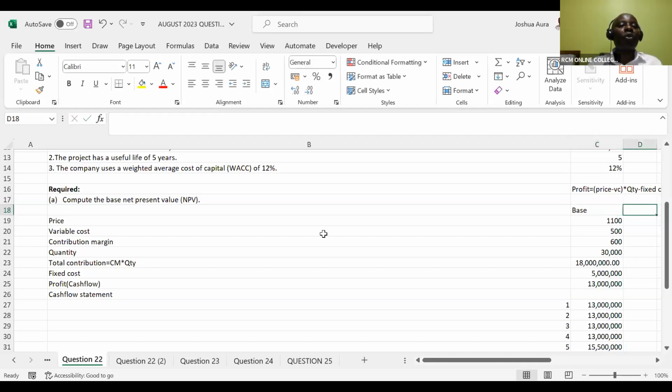You see, they've told us that all these variables are changing except WACC and number of years, but every other variable is changing. So we shall start with price. So we are doing a sensitivity analysis of 5%. And remember, we are looking at adverse variation.